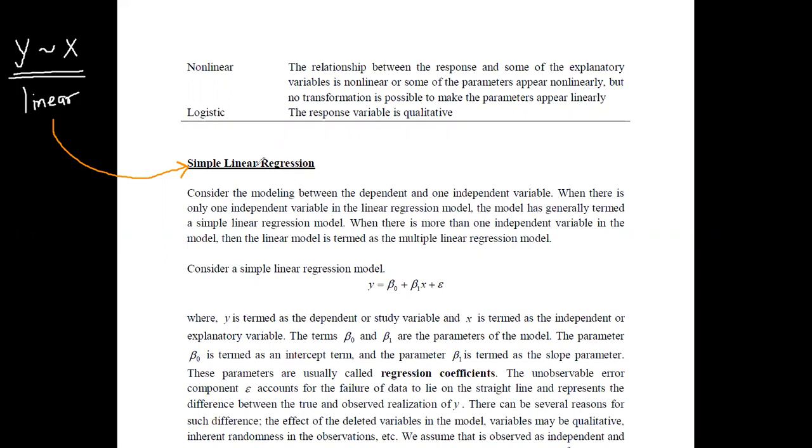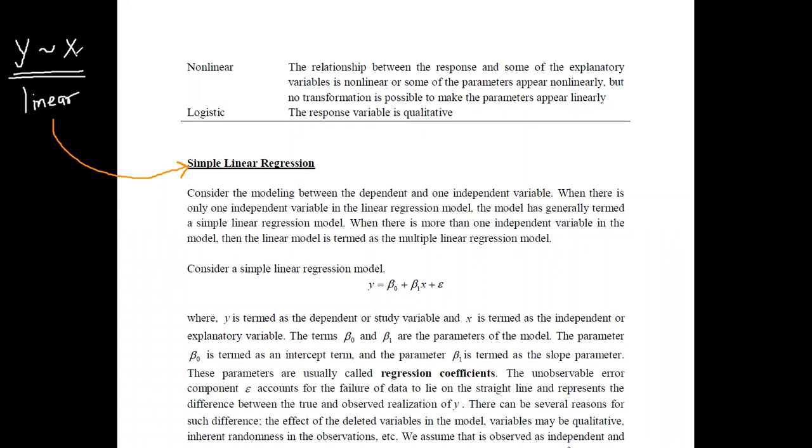In some situations we may end up with a set of x variables. Then you cannot apply simple linear regression models. In such situations, you can go for multiple linear regression models.